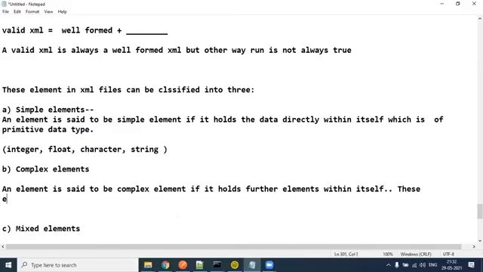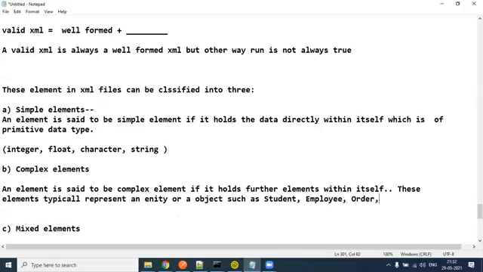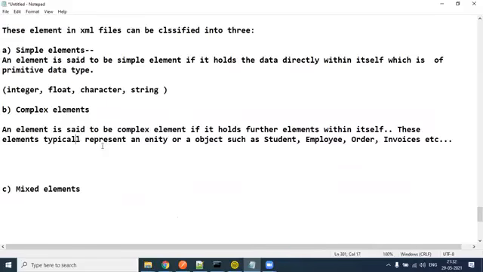These elements typically represent an entity or an object such as student, employee, order, invoices, etc. So these elements typically represent some objects, right?